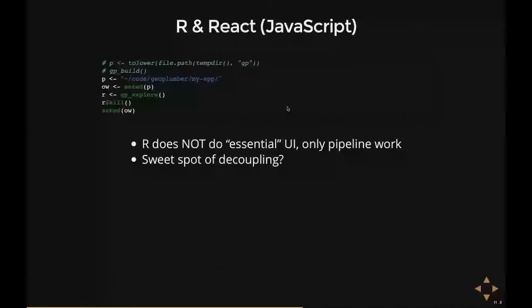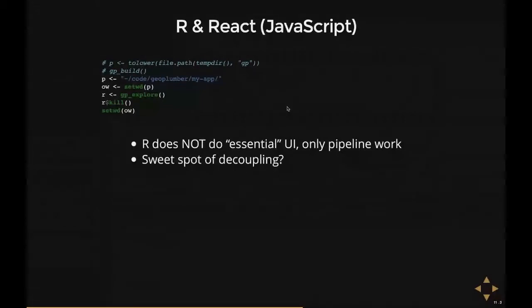The package GeoPlumber basically puts together what's good in R and what's good in React and JavaScript on the client side. A simple snippet there for those of you who wish to discover the repo and get started with it later. And the idea is this, and I'll explore this in the next slide.